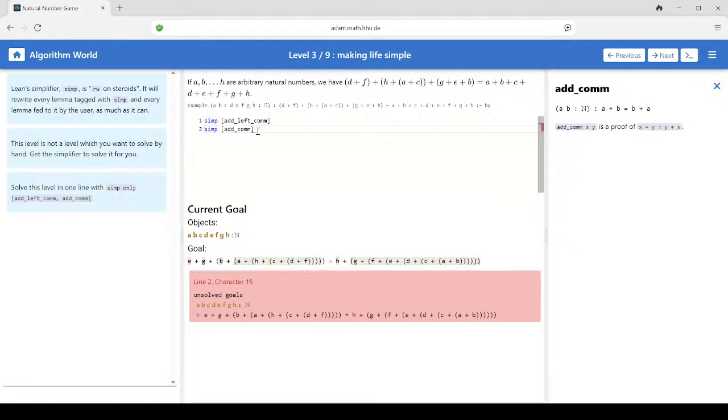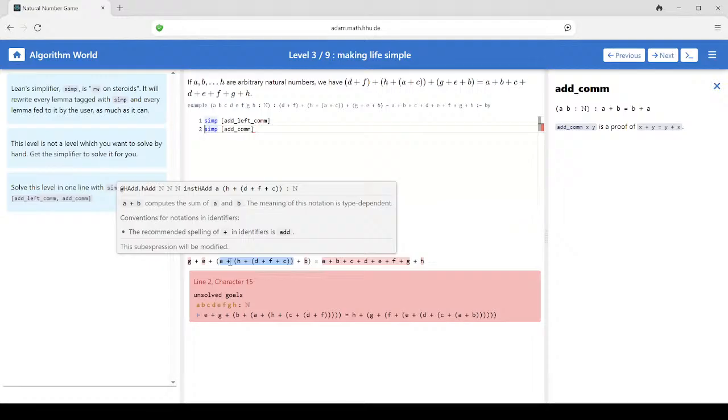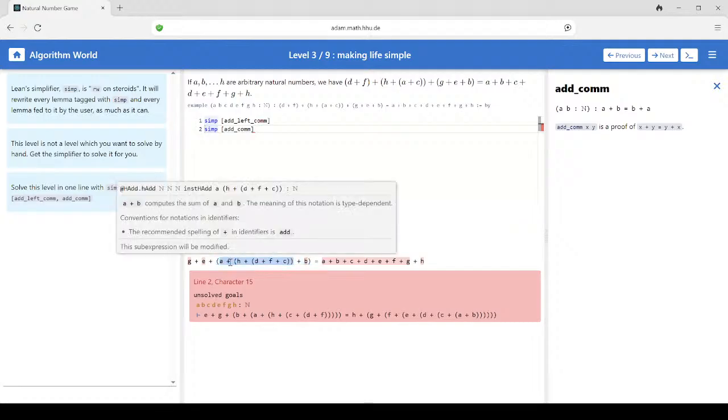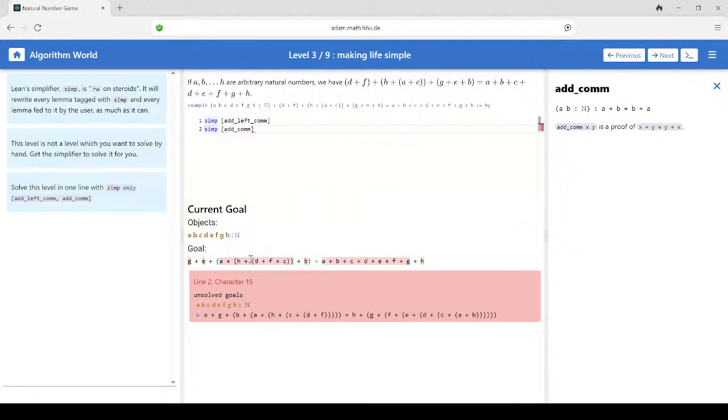A and H. Oh no, wait, that B at the very end traded places with this whole block. So the G and the E traded places, the B traded places with this entire block, and then the C traded sides and became C plus D plus F.